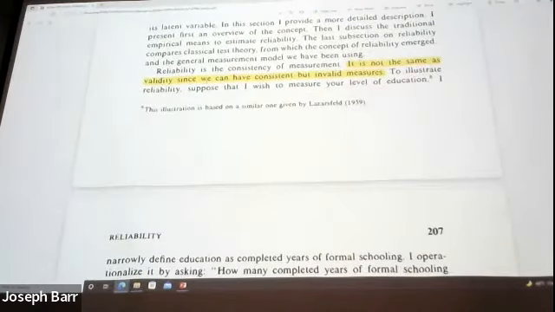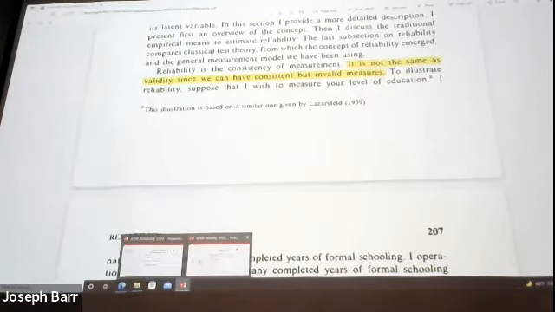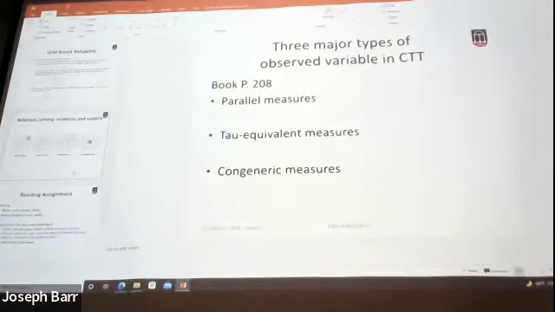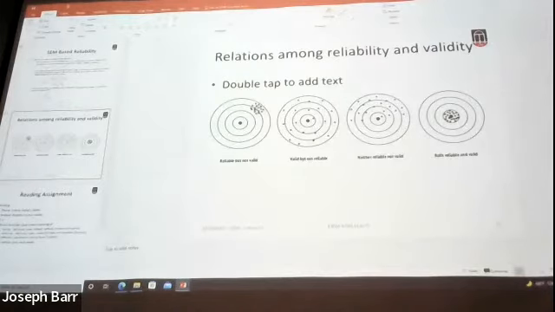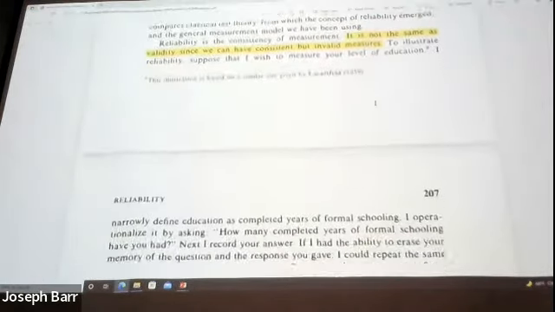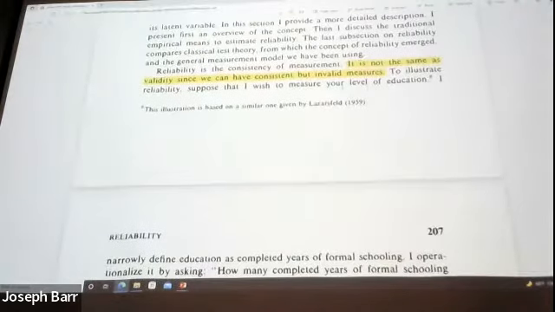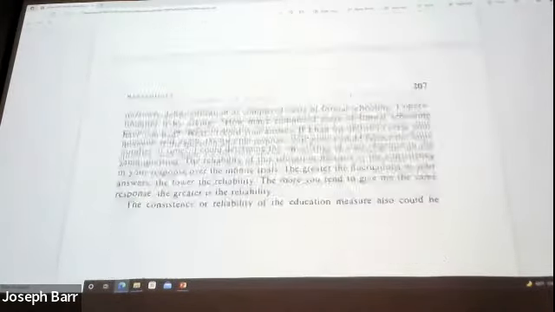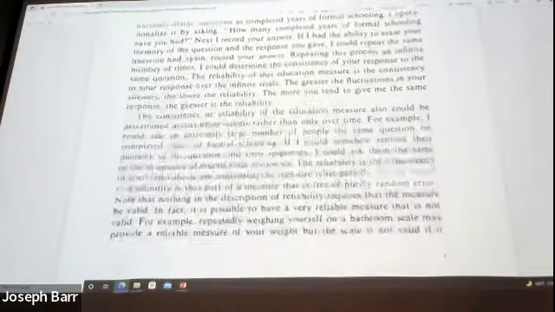Because we can have consistent, meaning reliable, measures, but invalid. Just like the case here. Consistent, but invalid measure. It also gave us some examples, the detailed examples here.